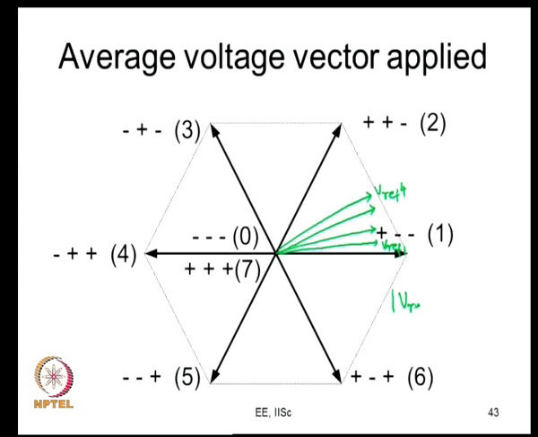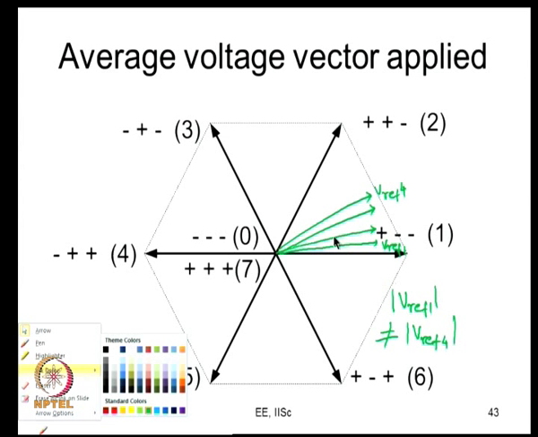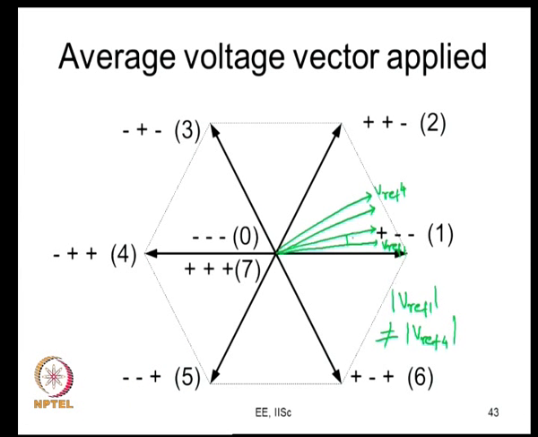Magnitude of Vref 1 is not equal to magnitude of Vref 4 or Vref 2, whatever the other things that you can really look at now. So, the magnitudes go about changing, but how about the angles? The angles are still equal. How much are they? That is equal to omega Ts. This angle is also roughly equal to omega Ts, may not be exactly, but it is roughly equal to omega Ts. This is how the nature of variation is.